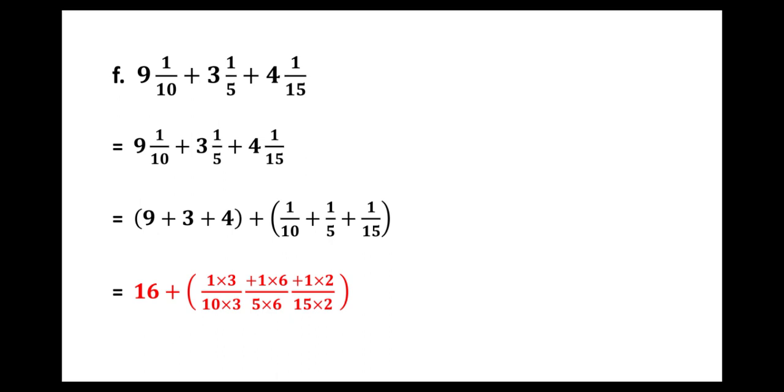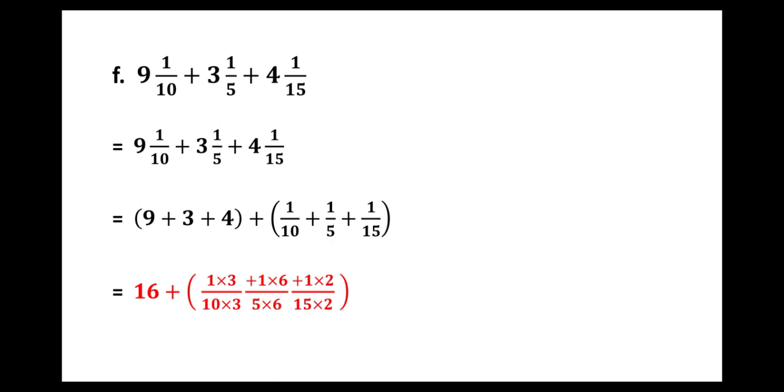So 3 10s give us 30. So 1 upon 10, we multiply this fraction by the number 3. The next fraction is 1 upon 5. So 6 5s give us 30.